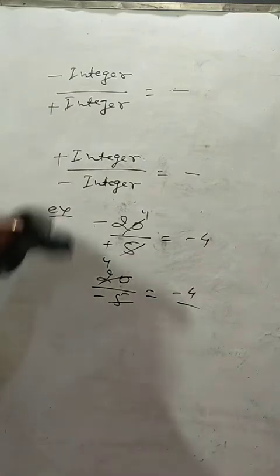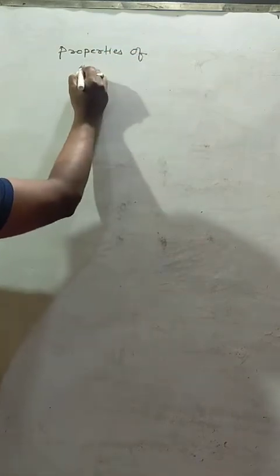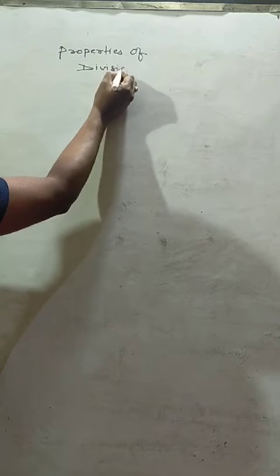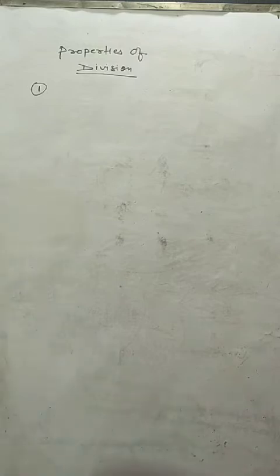Next, properties of division. First property is, if we divide an integer number by another integer number, it is not necessary that the result will come out as an integer.